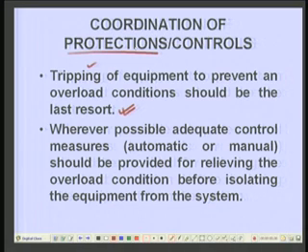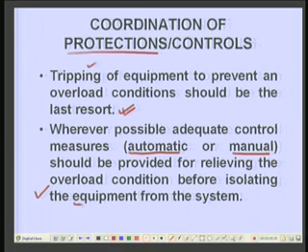Wherever possible, adequate control measures, automatic or manual, should be provided for relieving the overload condition before isolating the equipment from the system. This point is very important here. The idea is that here is a system which is operating. Let us say overloading takes place. The protection system will try to look at the overloading and trip the line.